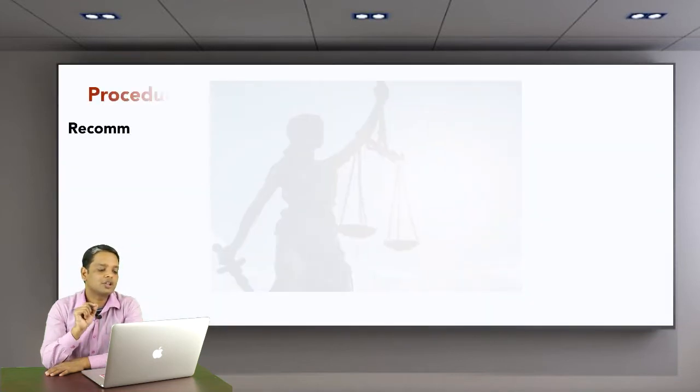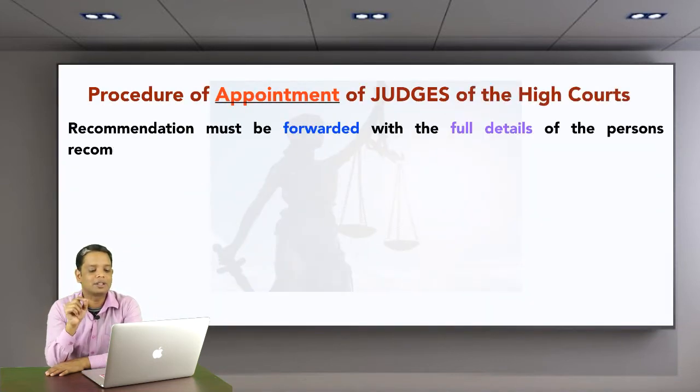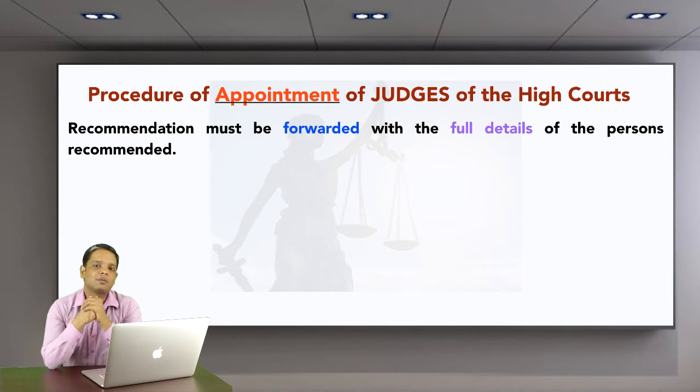Thirdly, the recommendation must be forwarded with the full details of the persons recommended. So, for the person whom the Chief Justice is recommending, all details must be given. At this point, you must be thinking, what are the details that need to be given?